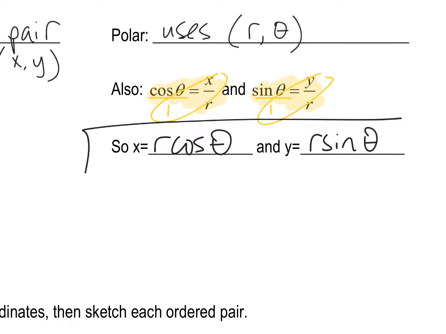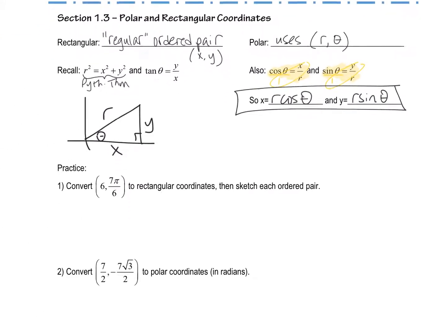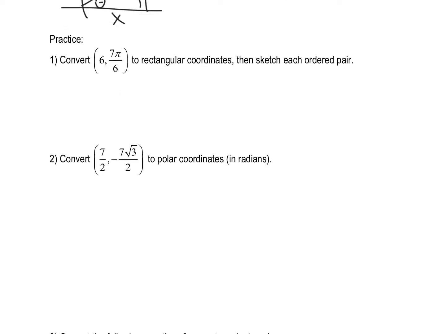These formulas are going to be really useful for us. You already know that cosine is x over r, and sine is y over r, from first semester. So if we cross multiply to get x and y by themselves, then I can translate any x value into polar language using r's and thetas, and I can translate any y value into polar language using r's and thetas. Those are a couple formulas that are going to help us when I practice converting.